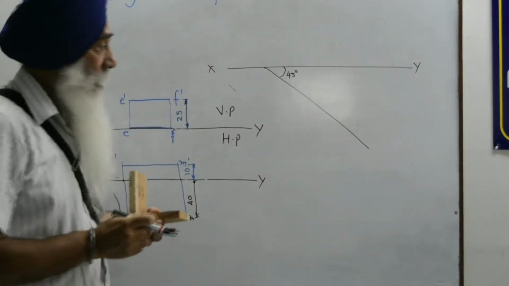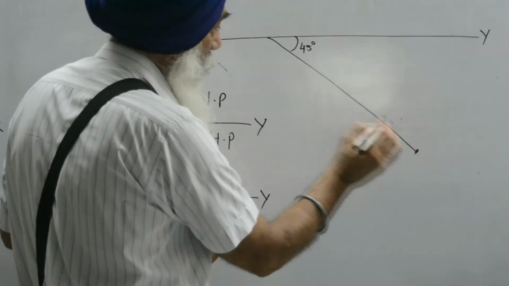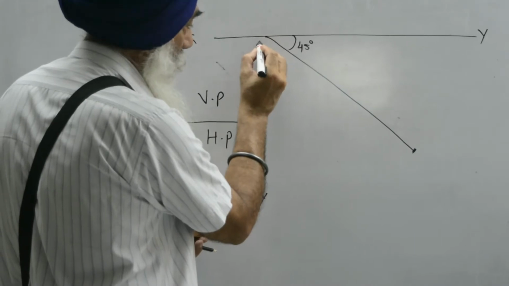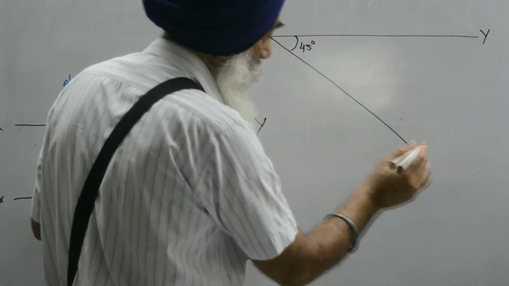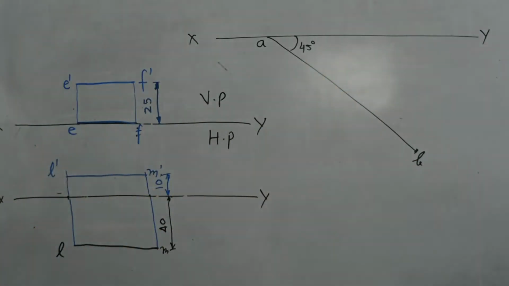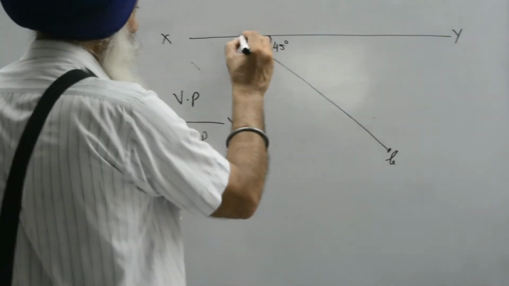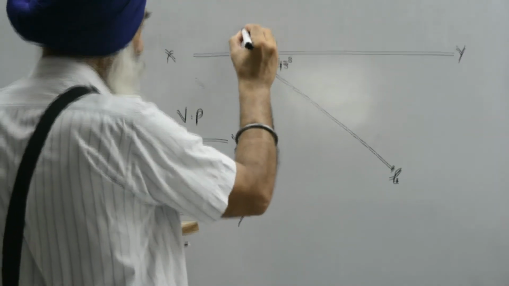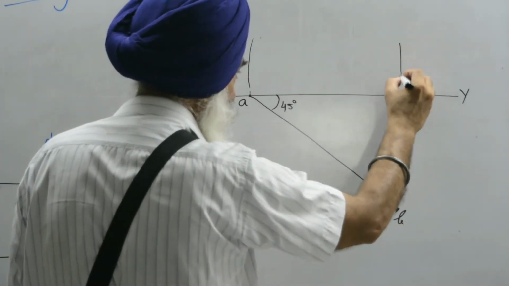Its length is given, you cut its length. If this length, I say AB, is 70 millimeters, cut its length. Then, in the second case, you take the projections from this point, and from here take its projection.